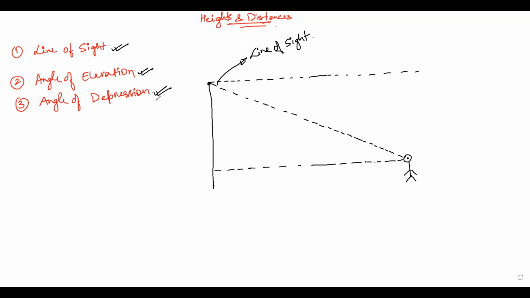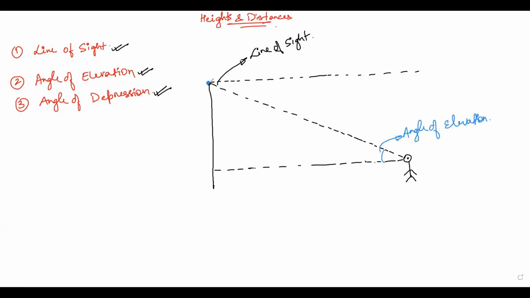Now, to understand the angle of elevation and angle of depression, I have drawn two horizontal levels, one from the top of this building and one from the eye of this observer. Since we have considered this person is viewing the top of this building, the angle that this line of sight would be making from this horizontal level is called the angle of elevation.